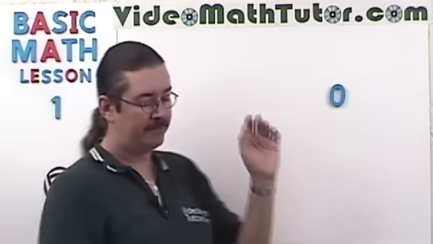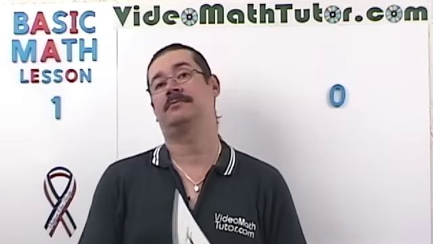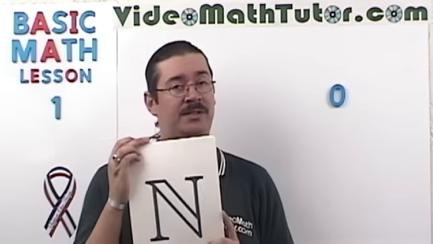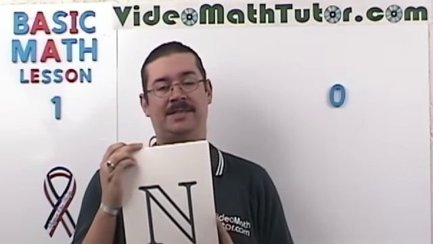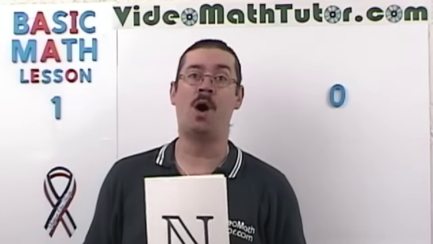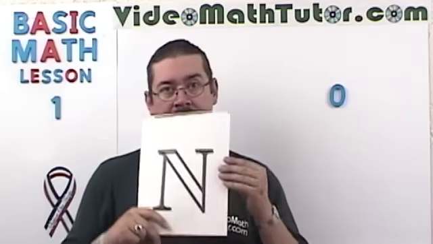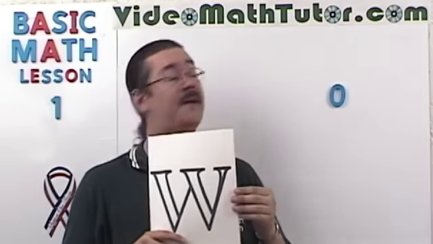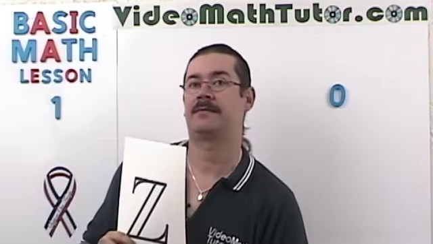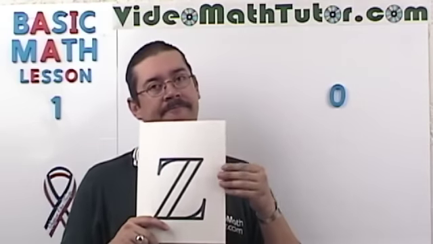Here's another example. 0. Is it a natural number? No. The smallest natural number is 1, so you cannot put that in this group. Is it whole? Yes. In fact, it's the smallest whole number. Integer? Yep, it's an integer.